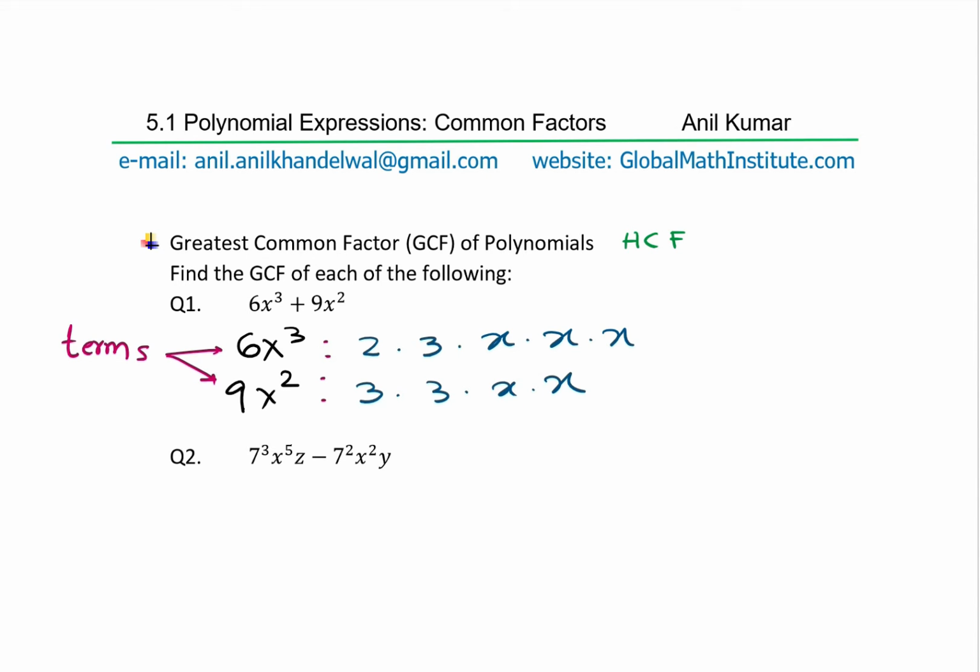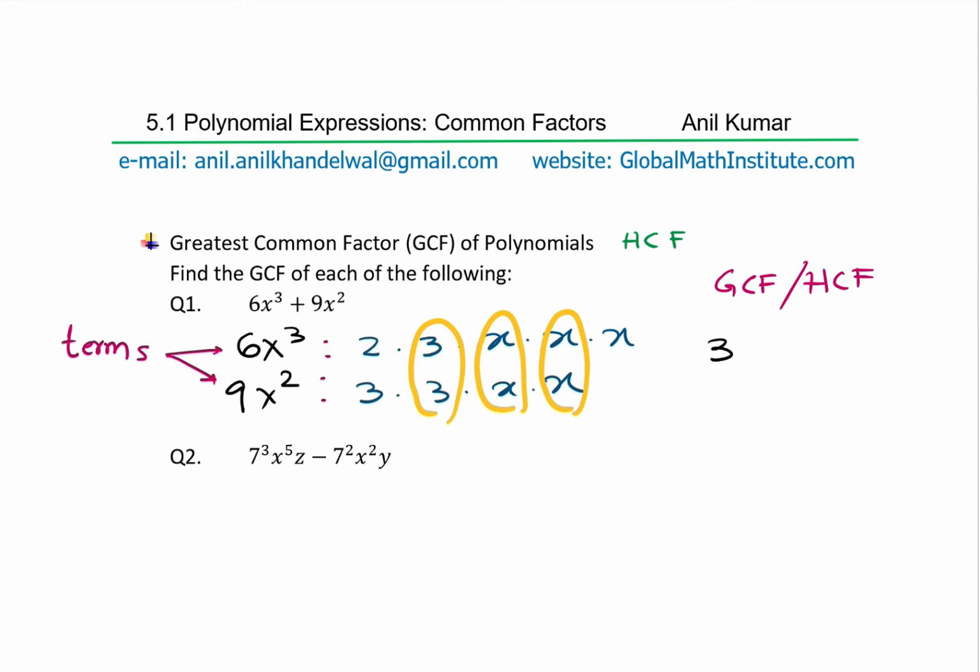If you look for common factors, you find that the 3's are common, these x's are also common. And therefore, now we could actually write down the greatest common factor or the highest common factor, as you may call it, by the product of the common factors, right? So the product of common factors here, in this case, will be 3x squared.